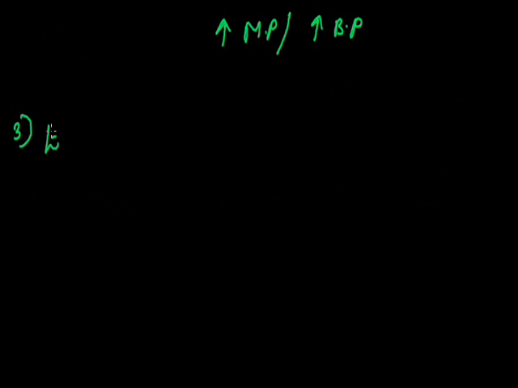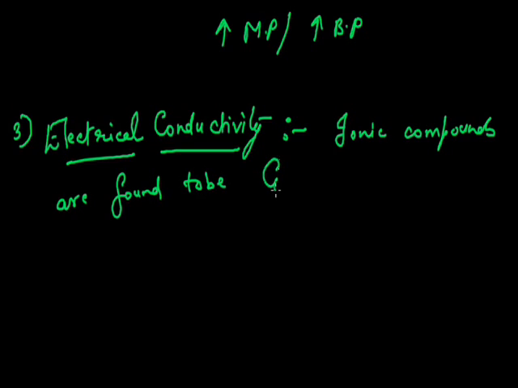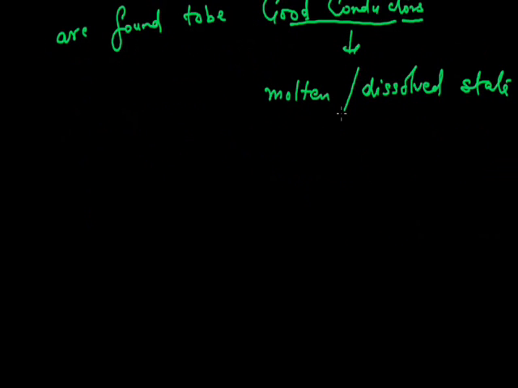Next property is the electrical conductivity. Ionic compounds are found to be good conductors of electricity, but in molten or dissolved state, since in these states the ions become free to move.